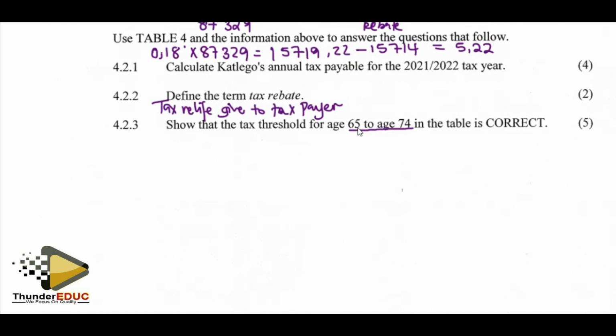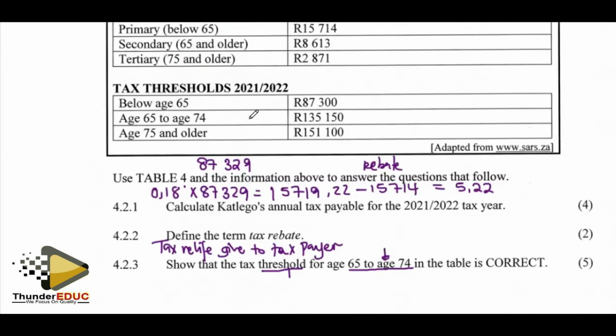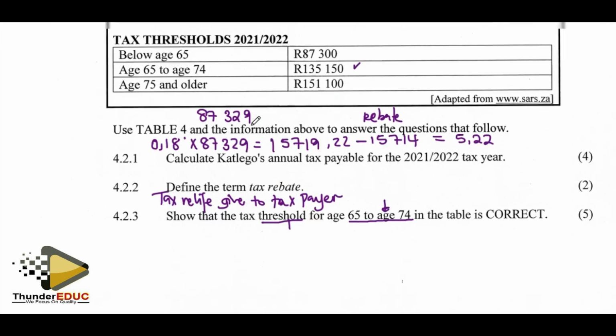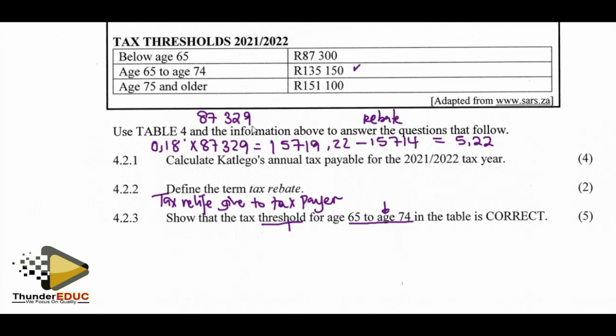Now, what is a threshold? This is the amount of money one has to earn before they start paying tax. So if you earn exactly that amount or less, you're not supposed to pay tax. Let's look at 65 years of age. The threshold is here, this one here: 135,150.